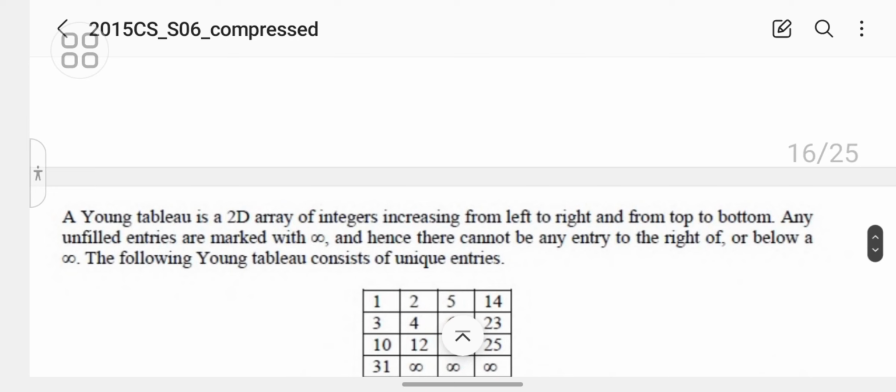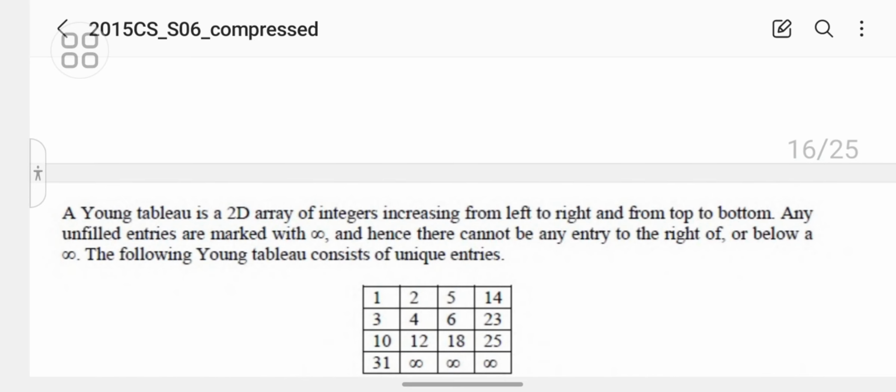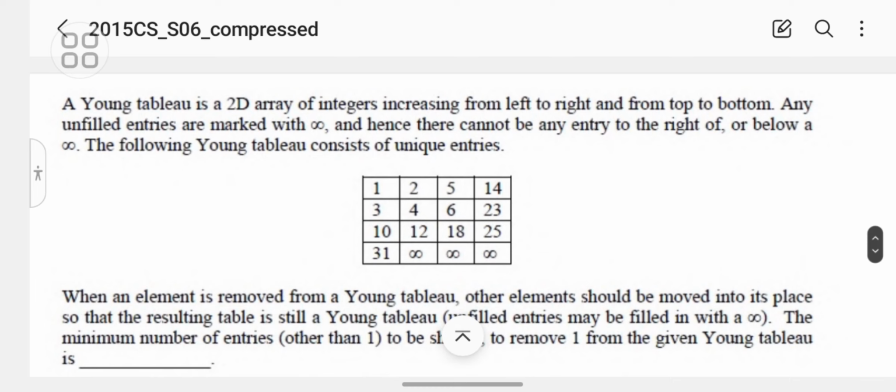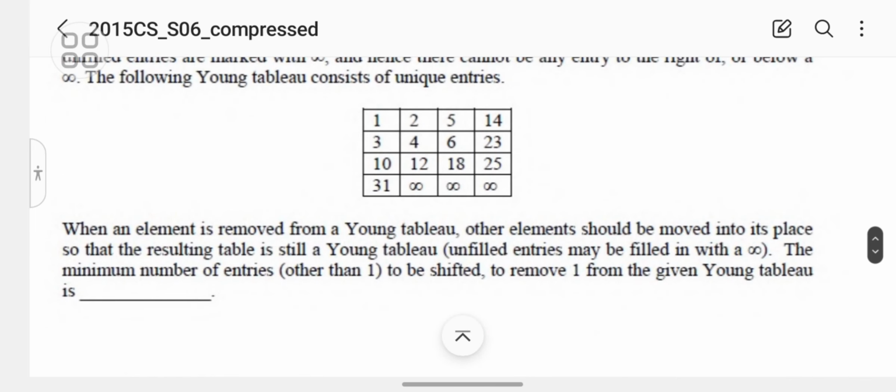48, it is asking a Young tableau is a 2D array of integers increasing from left to right and from top to bottom. Any unfilled entries are marked with infinity and hence there cannot be any entry to the right of or below infinity. The following Young tableau consists of unique entries.